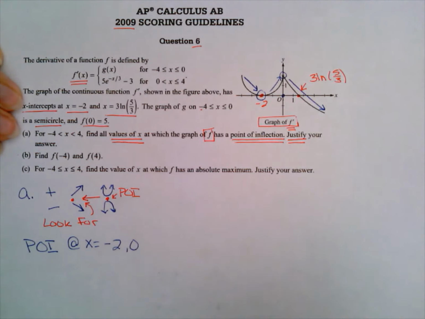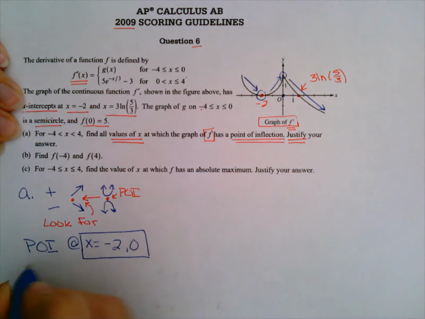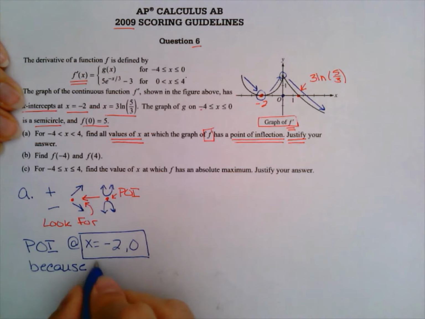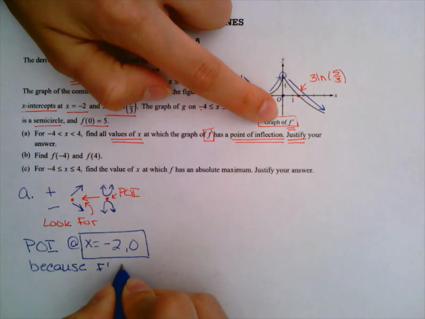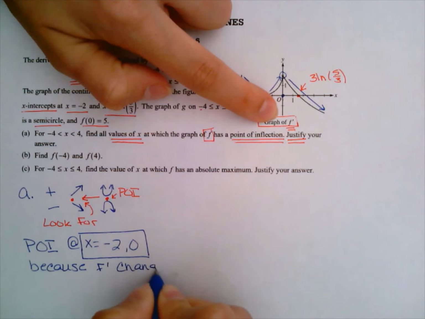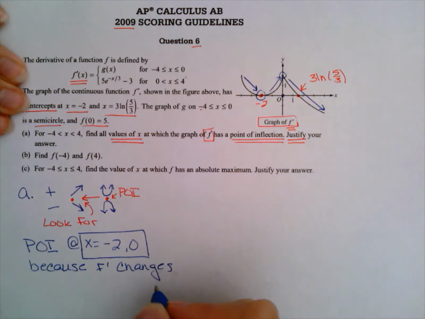Okay? Now the next thing I'm going to write is, those are my points of inflection, because they did say justify. If I miss the second part, I missed the second point. Because f prime, you have to use the information that's given, f prime, changes, that word changes, every time it says justify, that word should be there, okay?